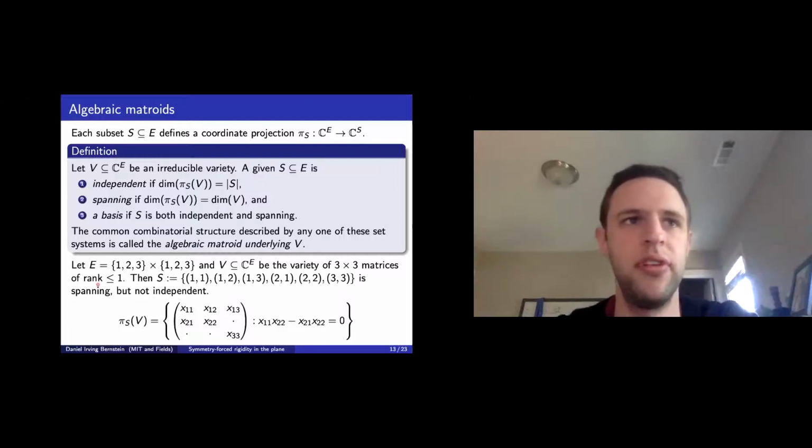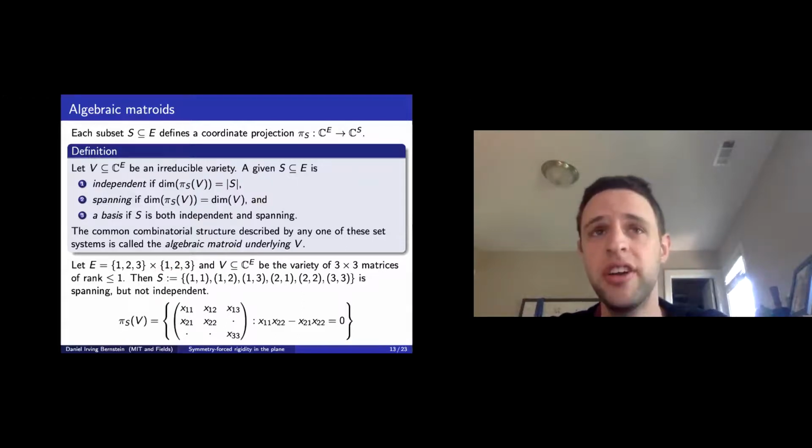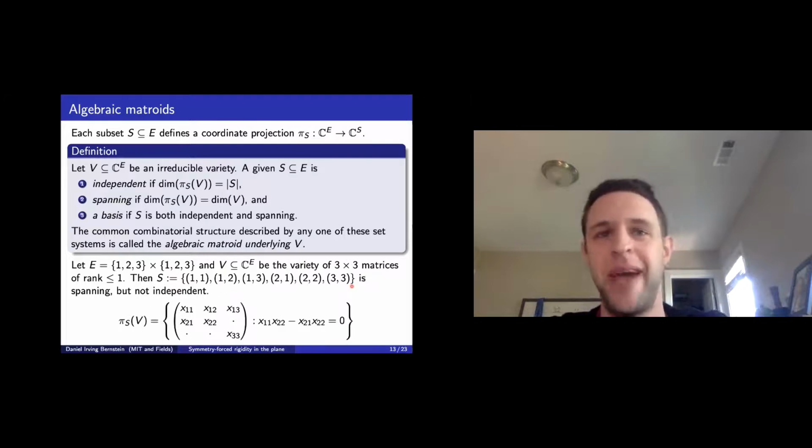And for another, non-linear example, if I let E be the set of entries of a 3x3 matrix, and I let V be the variety of 3x3 matrices of rank at most 1, then I claim that this set of entries is spanning but not independent.